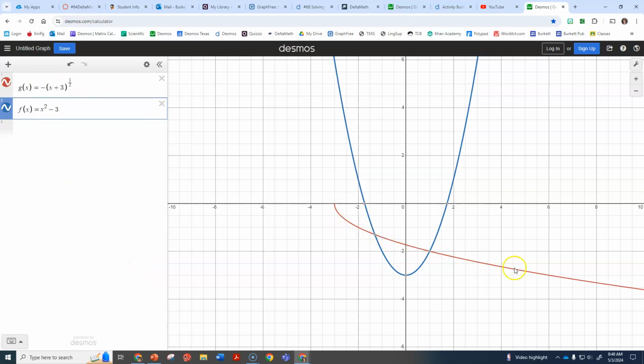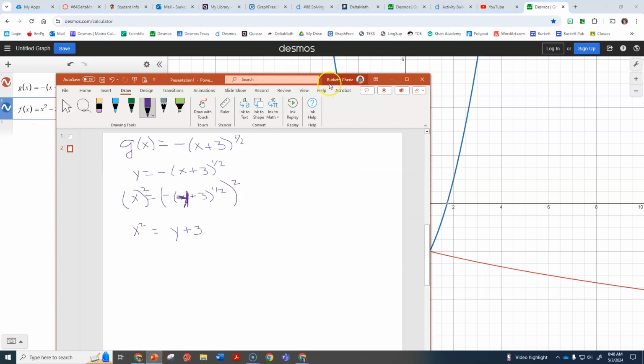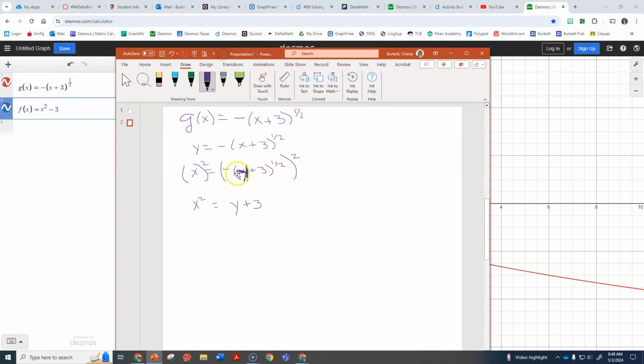That's the red one, obviously down here. If you solve it, and let's talk about solving it real quick, because I saw lots of mistakes with this one and this negative. You write it in the way that it's given, rewrite it with the y, switch the x and y. And then you have to solve for y, which means you need to square both sides to get rid of that 1/2.